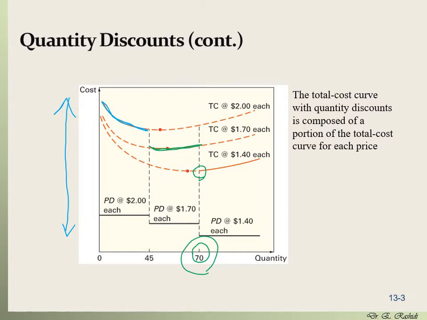So this is easy to find because it's visual. But what if it wasn't visual? What if you didn't want to plot this before you could find the optimal quantity? So let's see what the procedure for that is. What process should we use?